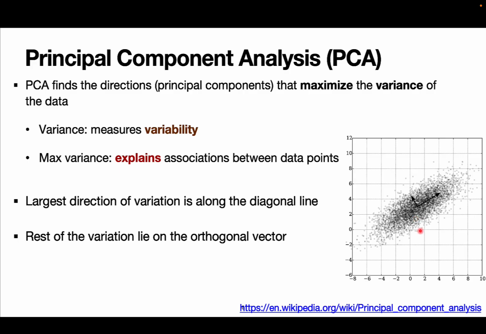In summary, data is very high dimensional with many features, and what PCA does is find a linear combination of representative features that explains the variation inside the data the most, and then we transform the higher dimensional data to those components.